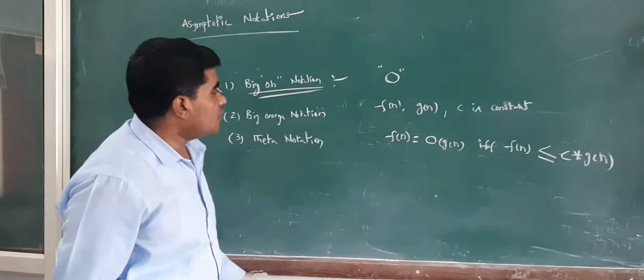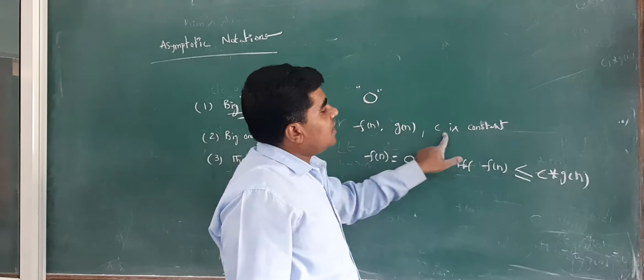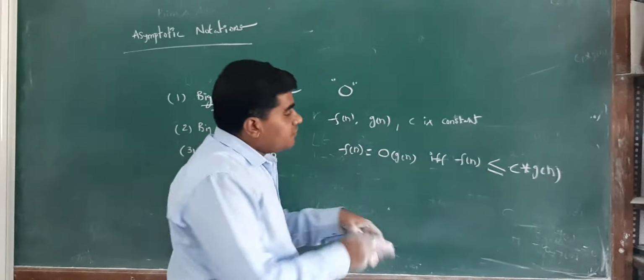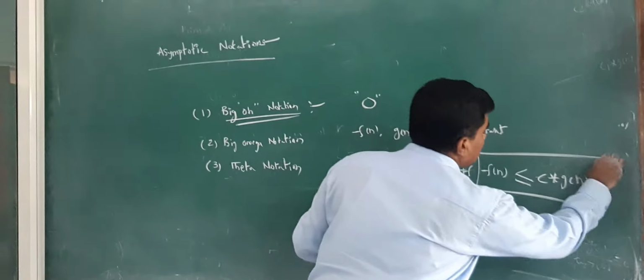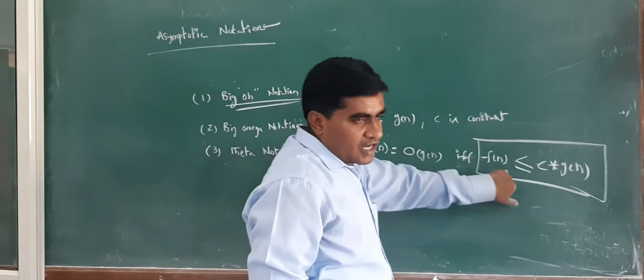So mathematically, how are we defining it? f of n and g of n are two non-negative functions, c is the constant, and f of n equals big O of g of n if and only if f of n is less than or equal to c star g of n. That means it represents the upper bound of the algorithm's running behavior.